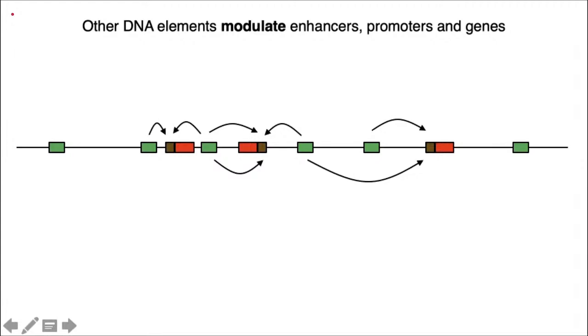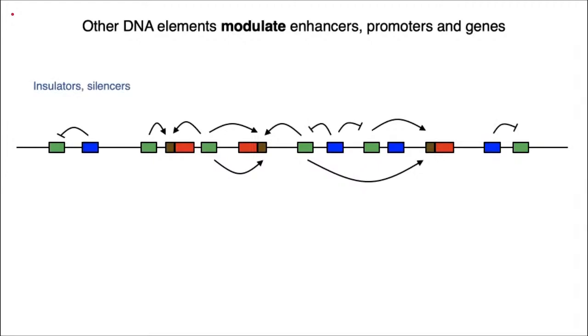But that's actually not the whole picture. There are other elements that have also been discovered that have other modulation roles. For example, silencers can have the opposite role as enhancers, so they rather shut down a gene in a certain cell. Or insulators, they can have more complex, specific roles.